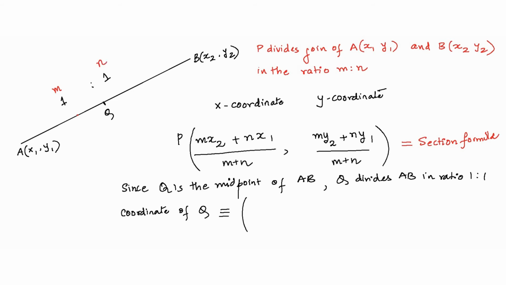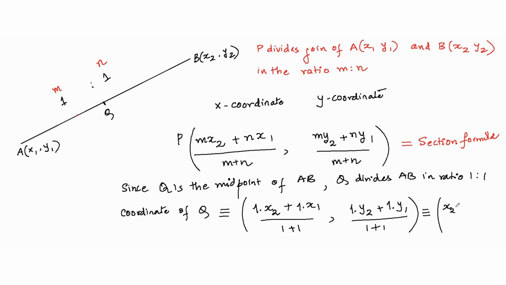So let me substitute this in the section formula. 1 multiplied by x2 plus 1 multiplied by x1 upon 1 plus 1, comma, 1 multiplied by y2 plus 1 multiplied by y1 upon 1 plus 1, which means that this is nothing but (x2 + x1)/2, comma (y2 + y1)/2.